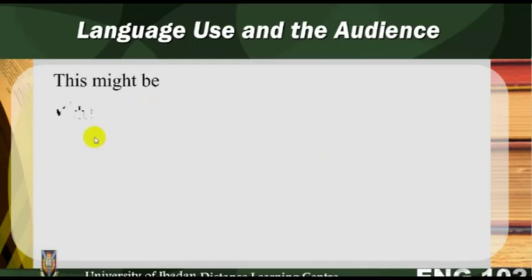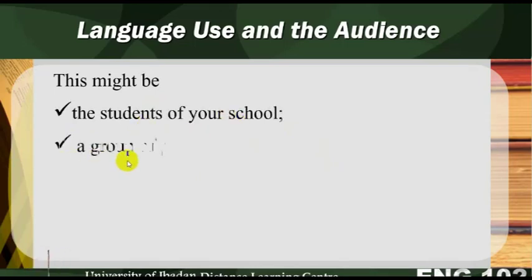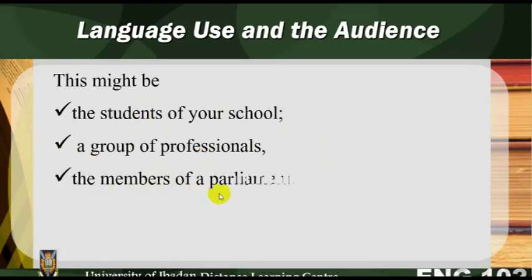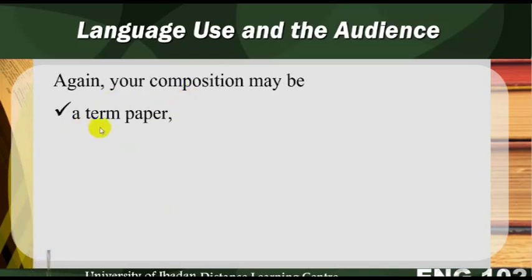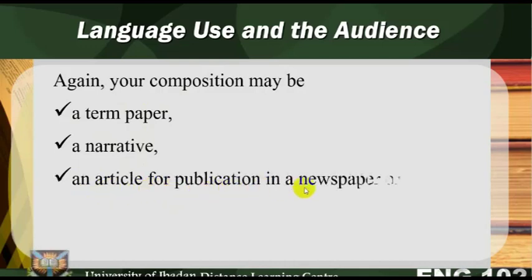This may be the students of your school, a group of professionals, the members of a parliament, the president of a nation, etc. Again, your composition may be a term paper, a narrative, or an article for publication in a newspaper or a journal, etc.